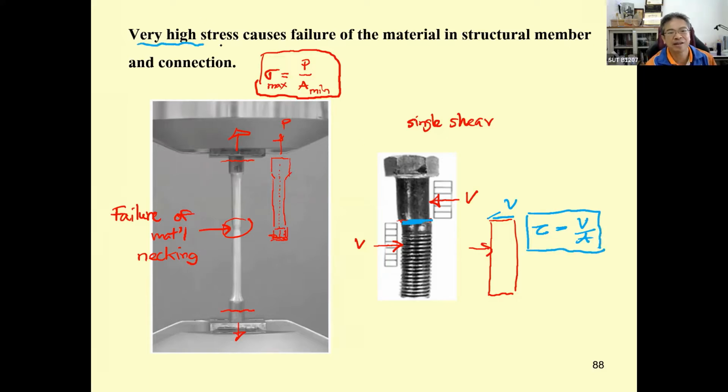If the stress is very high, it's going to cause this failure. And if this one is high, it's going to cause this failure. The failure occurs in the material. It may occur in the structural member such as this one, or it may occur in the connection such as this one.